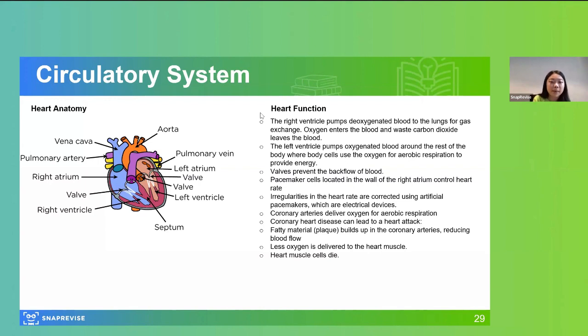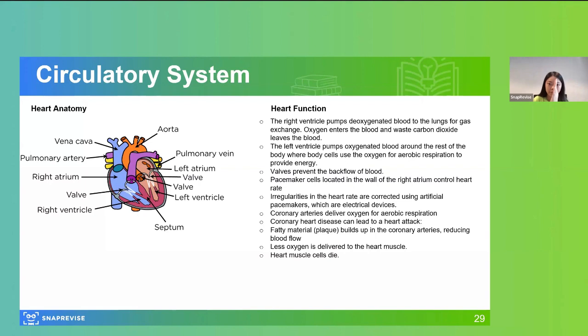Okay. What's the septum? The septum is just the end of the heart. You know that little tip at the end of the heart, that's just the septum. The function of the septum is just to separate the right ventricle and the left ventricle.